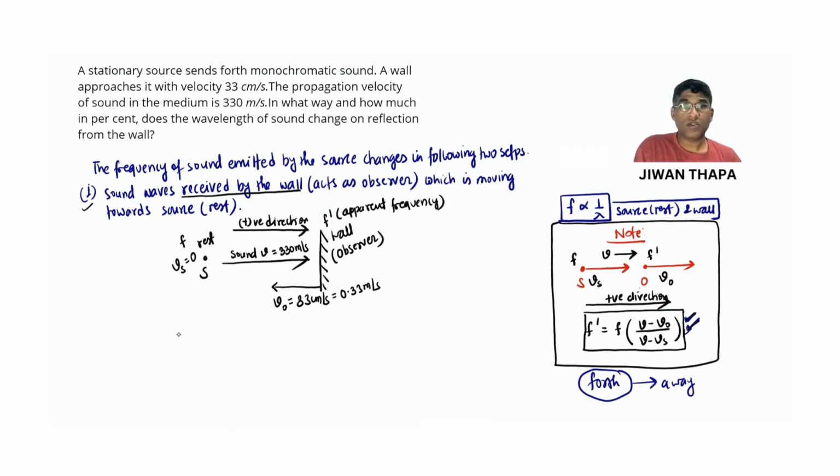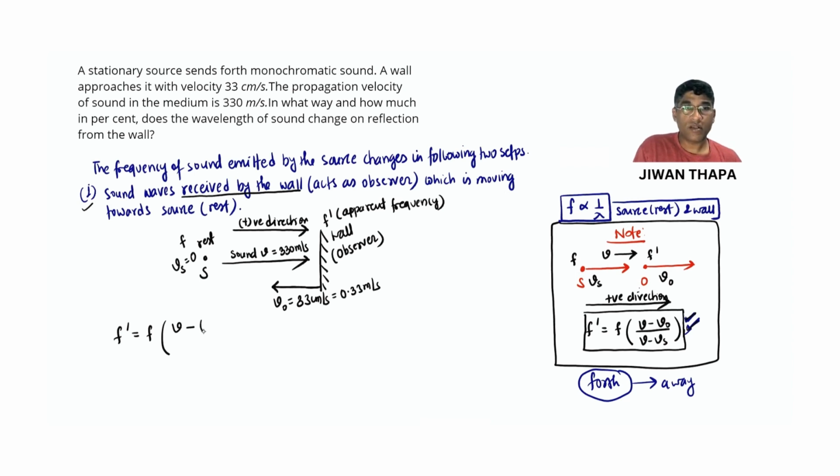As I said earlier, we are going to use or generalize this expression for this particular case of the problem. So we have f dash equals f times v, which is the velocity of sound, and we have minus, and since v naught is directed opposite to the positive direction, this direction is taken as negative.